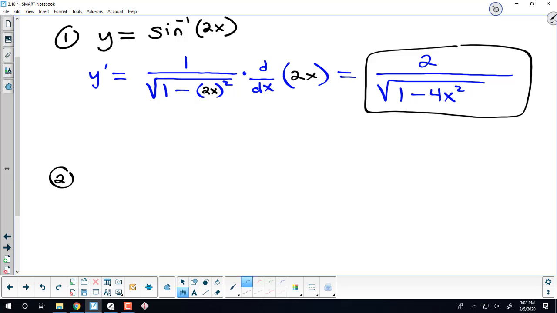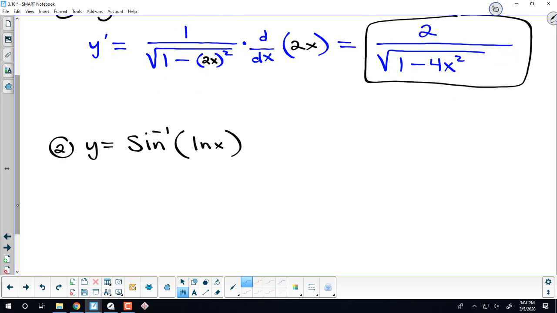Whatever we're taking the inverse sine of, you will have that set of parentheses there, and we just replace them with whatever argument we have for the inverse sine. So let's say y were the inverse sine of the natural log of x. Then its derivative would be 1 over the square root of 1 minus the argument squared times the derivative of the argument.